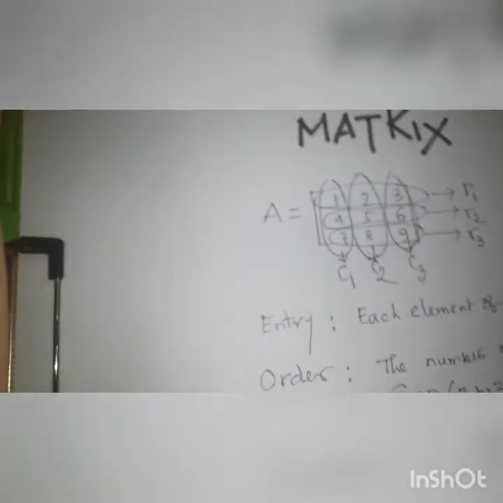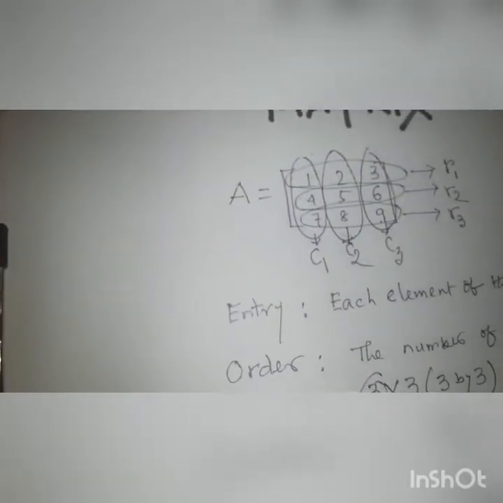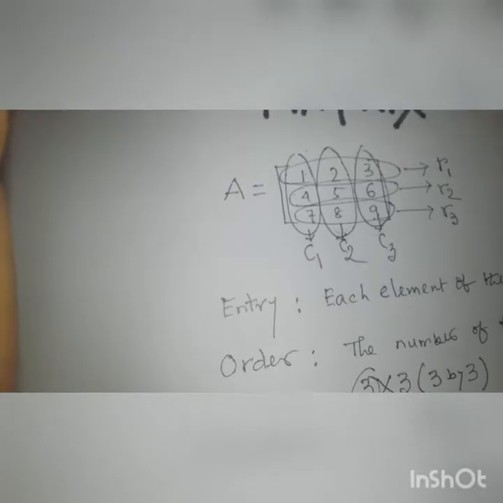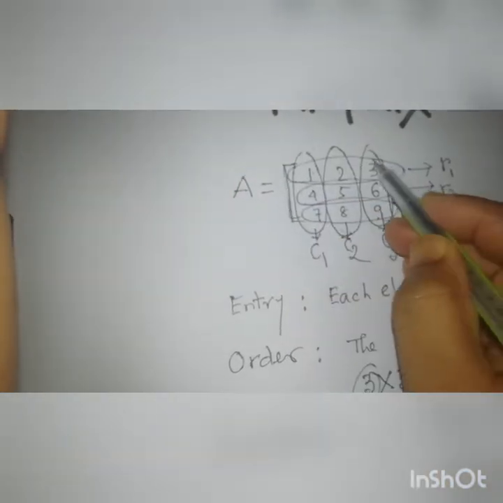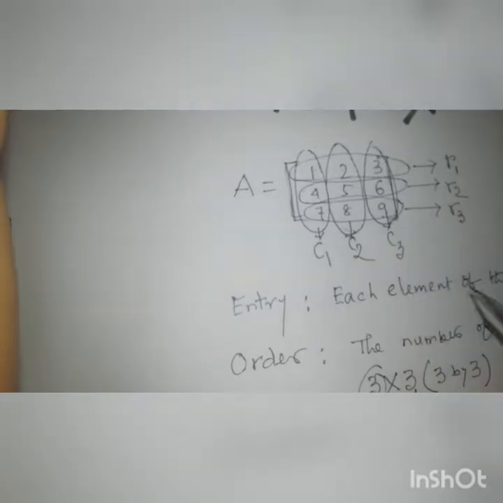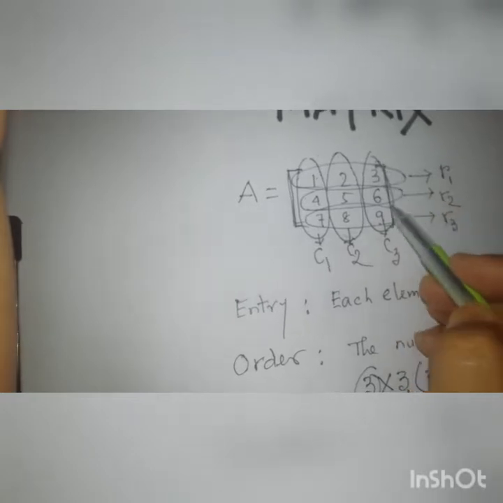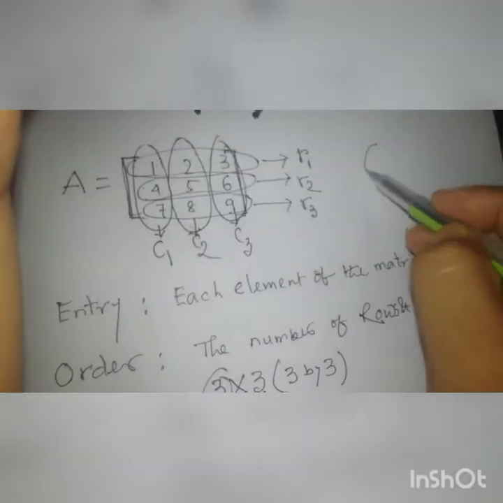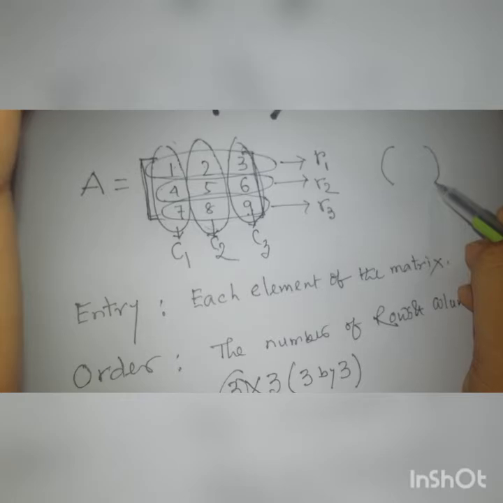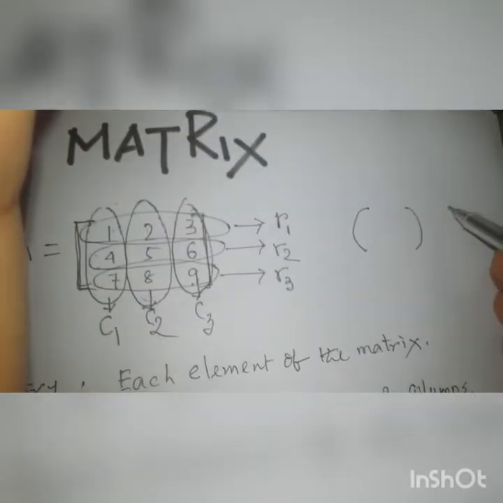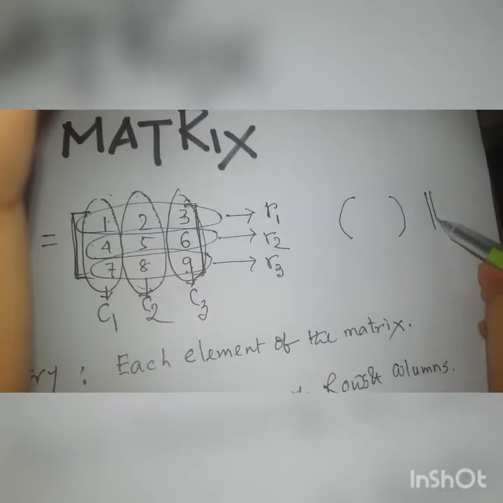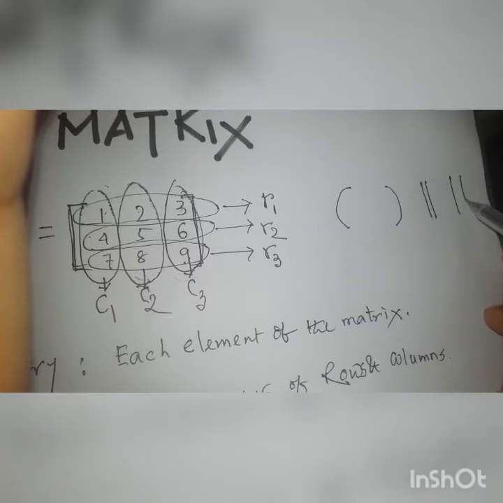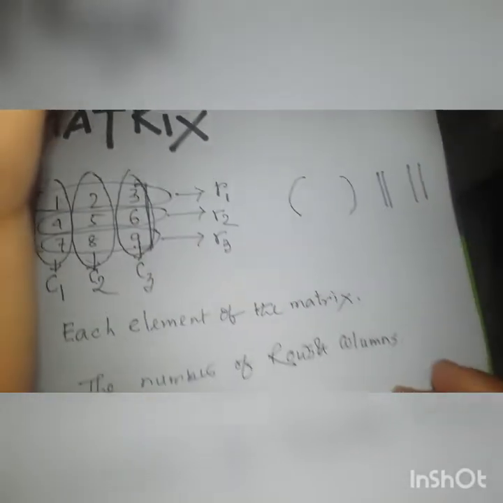So what is a matrix? A matrix is formed by arranging some numbers in the form of a rectangular array, enclosed by brackets or two parallel vertical lines.